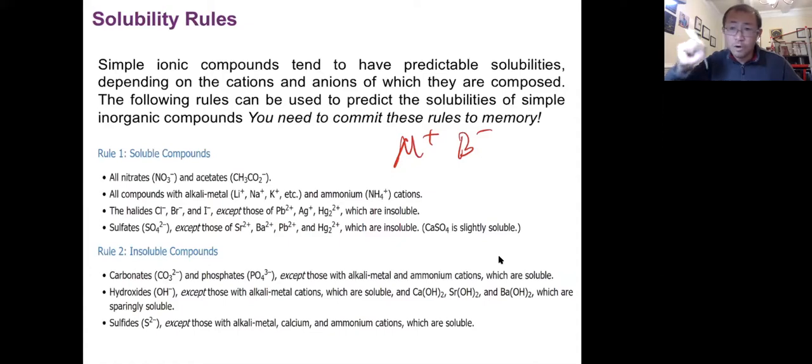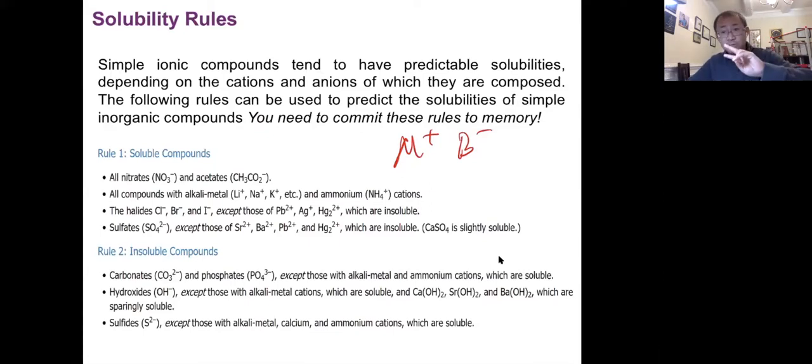Like dissolves like doesn't work well for ionic compounds in water. So we have to know whether an ionic compound dissolves in water using this rule. This rule has two parts. The first part deals with soluble ionic compounds, with some exceptions. The second part deals with insoluble compounds, with some exceptions.